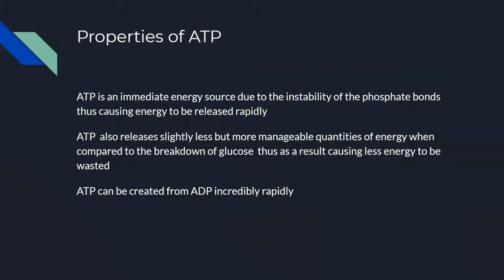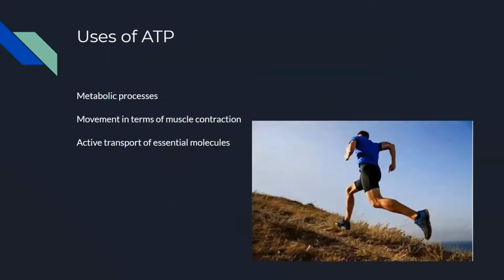ATP can also be created from ADP incredibly rapidly, which is very important. So some of the uses of ATP include muscle contraction or metabolic processes, or during the transportation of molecules in active transport. For example, the co-transport of glucose in the ileum.